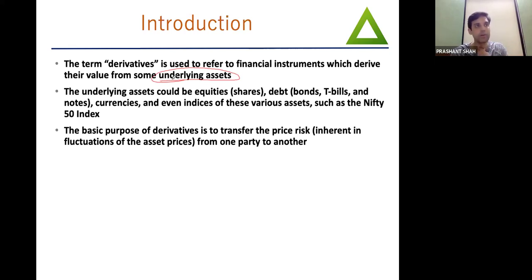We have seen that there are derivatives on shares, derivatives on index, debt derivatives, default derivatives, currency derivatives. These are a few assets on which we commonly see derivatives available, but this is not the entire list. As we move on, we'll find some more interesting types of derivatives.